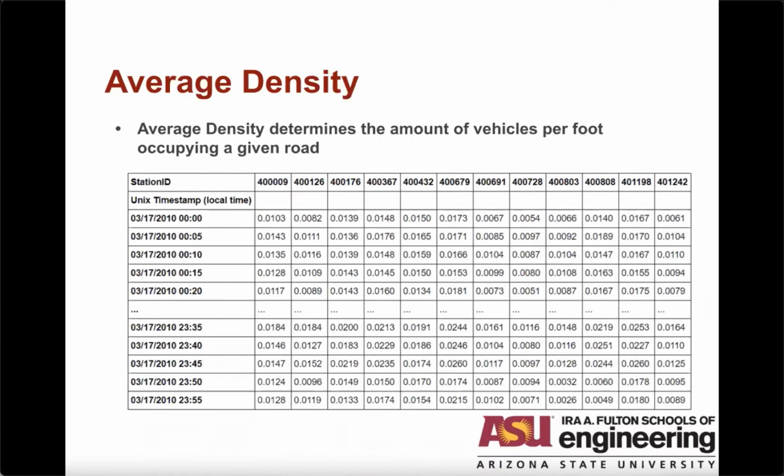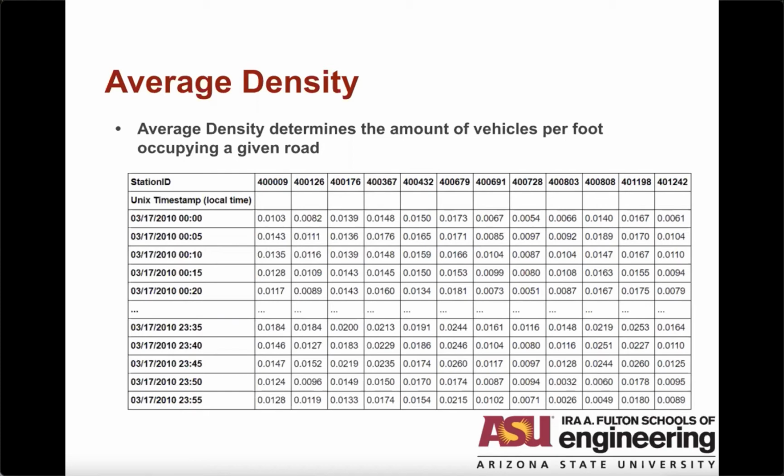It shows the density, in which density is determined by the amount of vehicles per foot on any given road or highway. And basically what this density is showing is how congested a roadway is at a given time. So as you see, at midnight on the first station ID, it's at 0.103, which is a very low density compared to other ones as well.